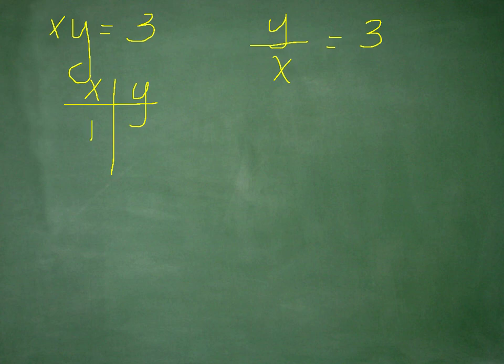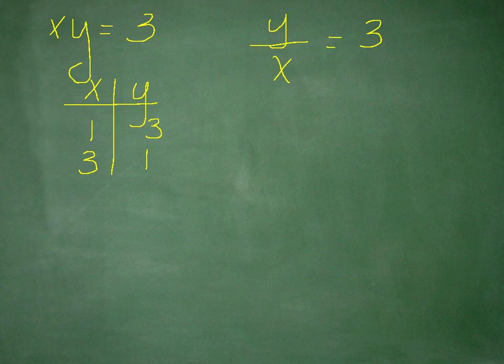So if x is 1 in our equation, 1 times y has to equal 3. That means that y must be 3. So now let's let x be 3. If x is 3, then x times y has to equal 3. That means y must be 1.